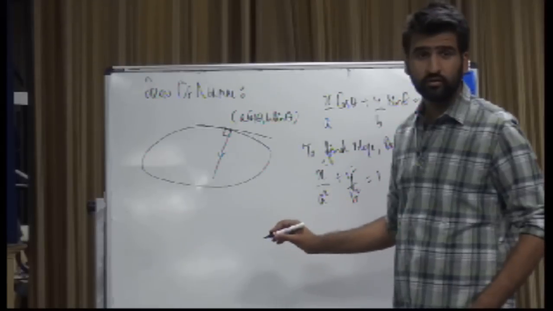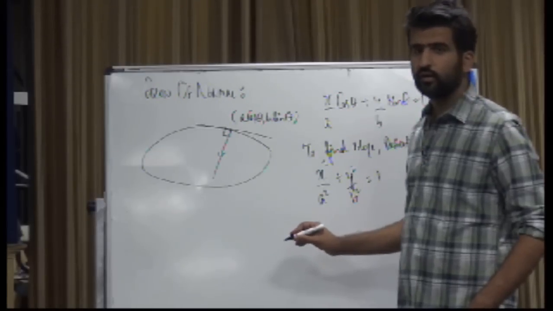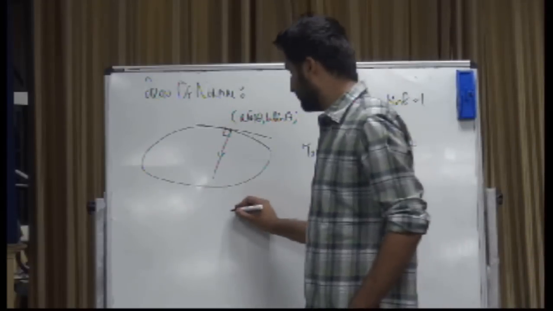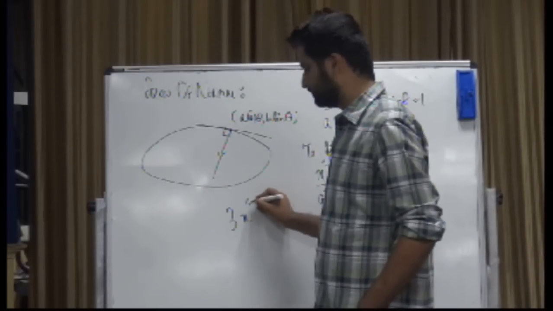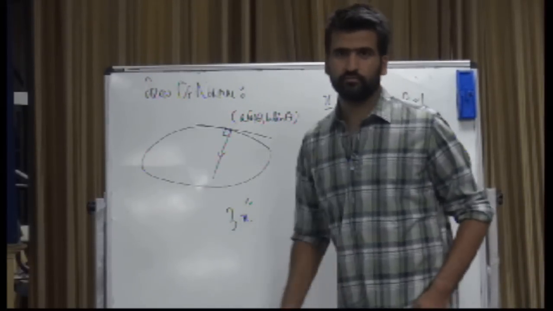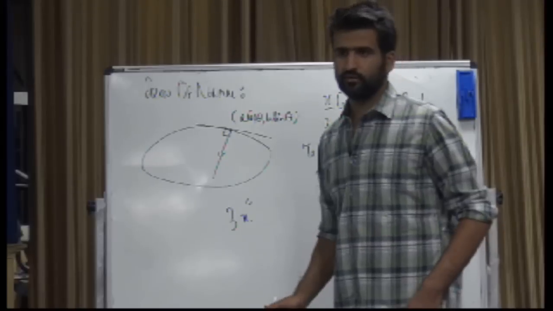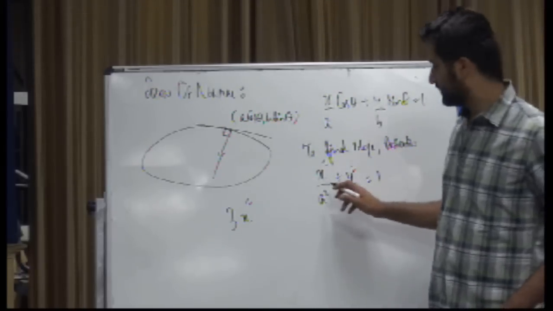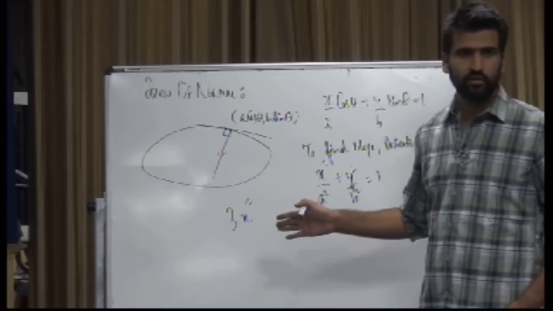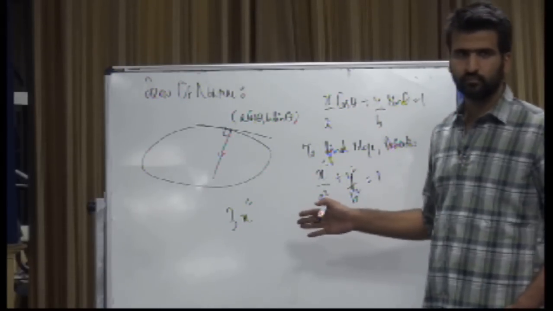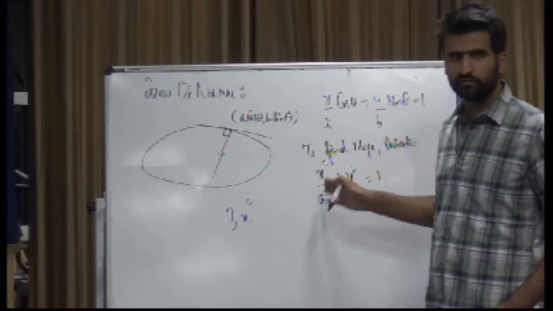If you have this term 3x square, what is the derivative of 3x square? 6x. A similar thing is applying here. This is a constant, this comes out of the differentiation. That doesn't mean the differentiation of this is 1.